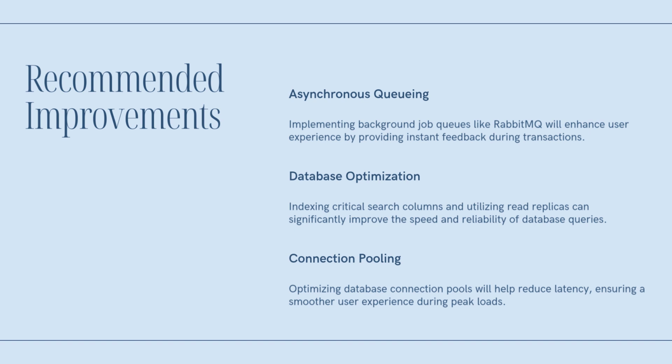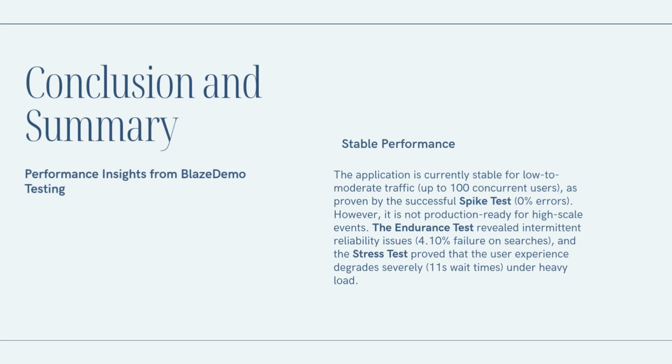Database optimization, indexing critical search columns, and utilizing replicas can significantly improve the speed and reliability of database queries. Lastly, connection pooling. Optimizing the database connection pool will help reduce latency, ensuring a smoother user experience during peak loads.